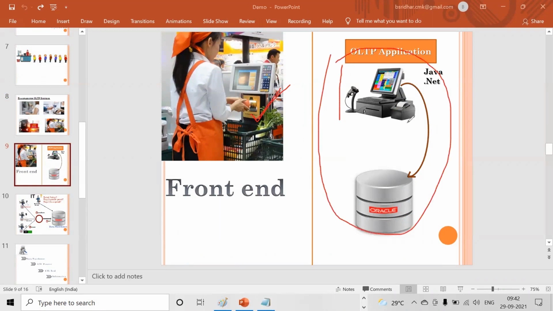You'll have a computerized system or a mobile phone, whatever it is. At the back end, you'll have a database connected to this OLTP system application. When you have done something using this application, this is going to be stored in your OLTP database.